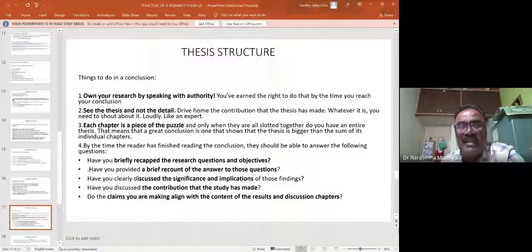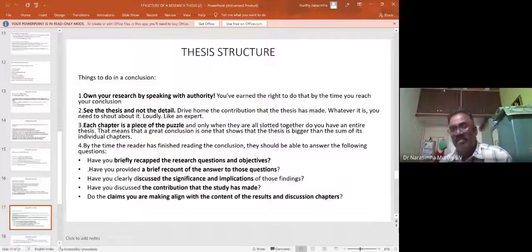And see the thesis, not the detail. What I mean here is, you need not shout. Let the thesis speak for you. And remember, every chapter is a piece in the puzzle.